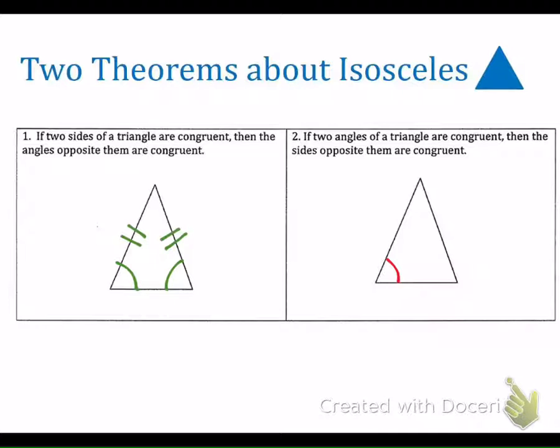If you're given that the angles are congruent, you can also conclude that the sides are congruent. So it works forward or back. It's an if and only if statement. So if and only if the two sides are congruent, the base angles are congruent.